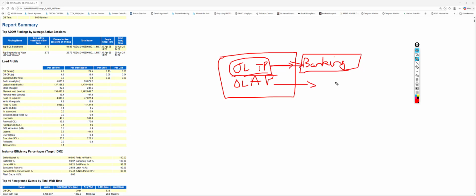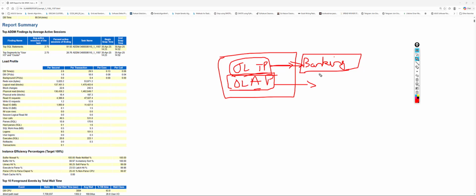And there are other analytics applications, analytics projects and businesses, that come under data warehousing, OLAP, analytical processing, right?